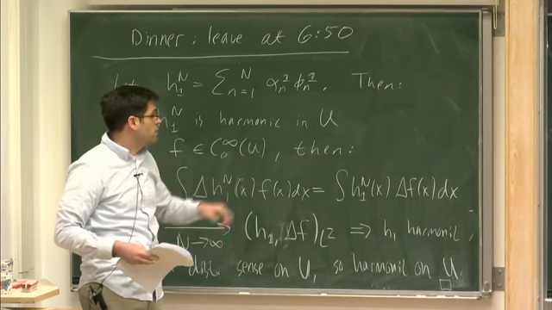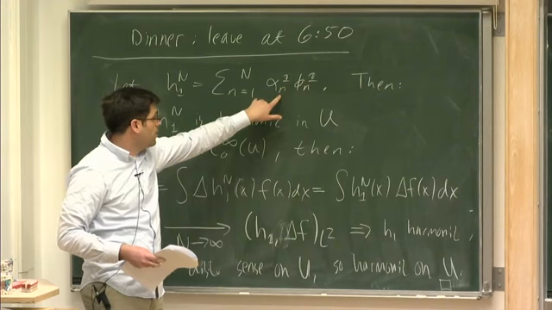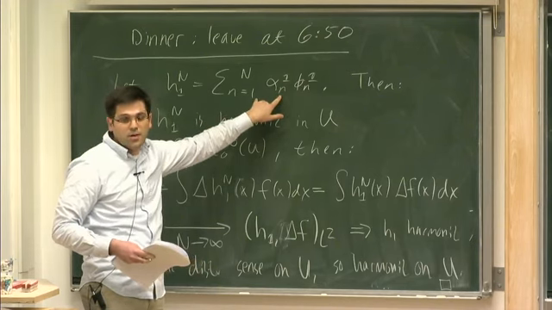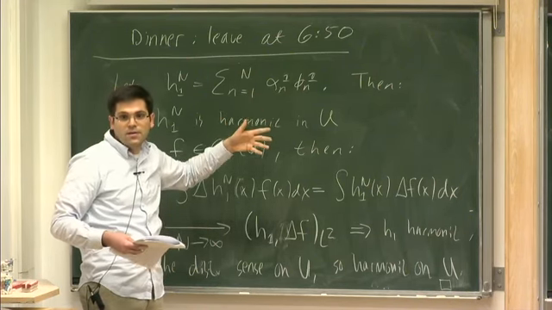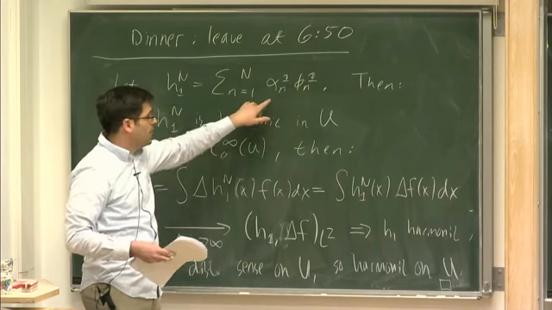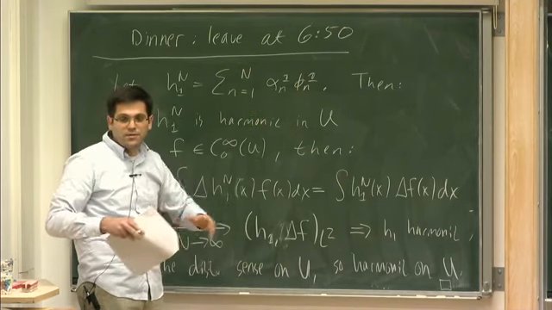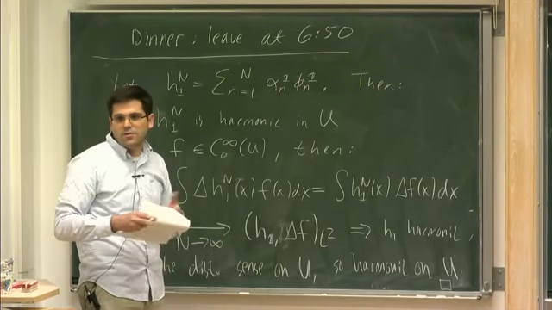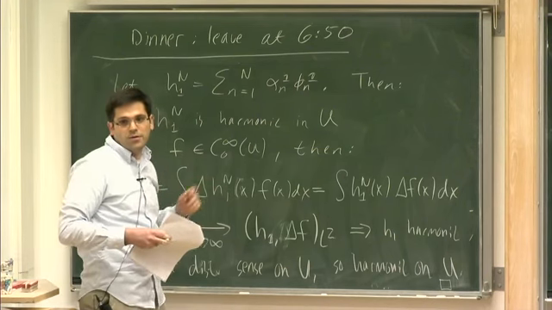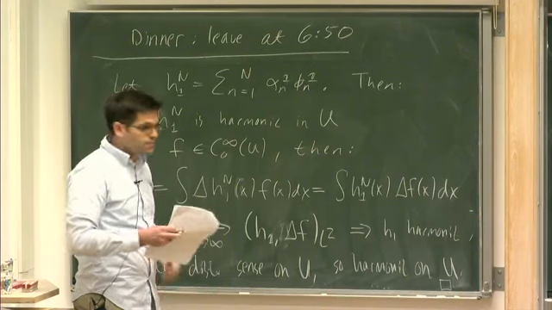Another way to approach this is that you can just show that this is not going to be blowing up when n goes to infinity, because you can calculate a variance of this at a given point, and then using regularity results for harmonic functions, you can argue that it's not going to be blowing up, and therefore this is going to be a bounded sequence. So yeah, there's another way to do this too. You don't have to go this way.